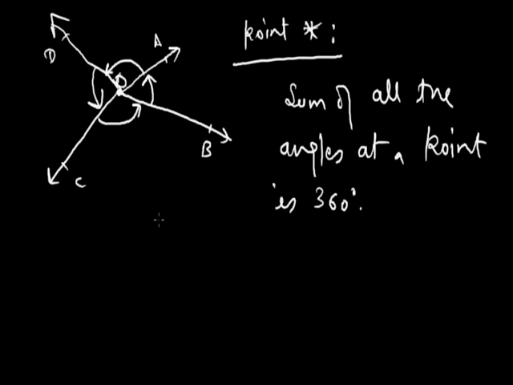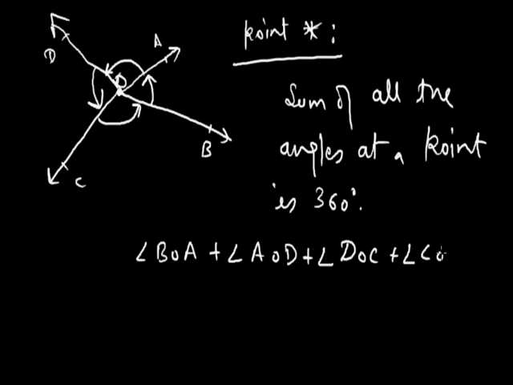So in this case, for this diagram, we can write angle BOA plus angle AOD plus angle DOC plus angle COB is equal to 360 degrees.